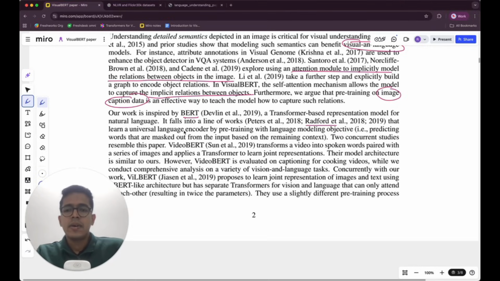That learn a universal language encoder by pre-training with a language modeling objective, that is, predicting words that are masked out from the input based on the remaining context. So basically in the BERT model, we have the sentence, some words are masked, and we want to know what the masked words are. In next word prediction models, however, you don't have masking of tokens, you rather have masking of the attention.